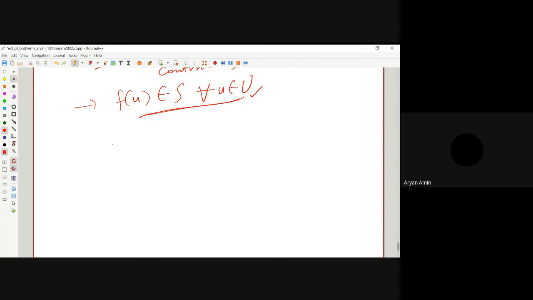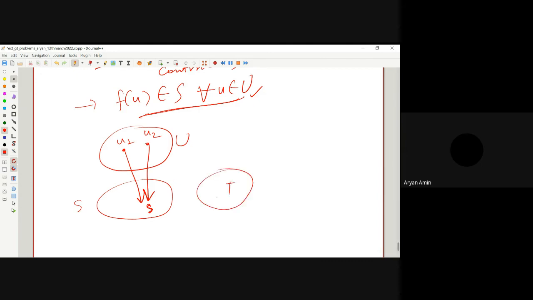So now if you play around with the structure a bit, you find that U's elements are restricted to be inside S. Suppose this was S. Now can something like this happen? Suppose you have u1 here and u2 here, and they are pointing towards the same element s. Can this happen? Think about it. Does anyone see a problem with this, or is this fine?